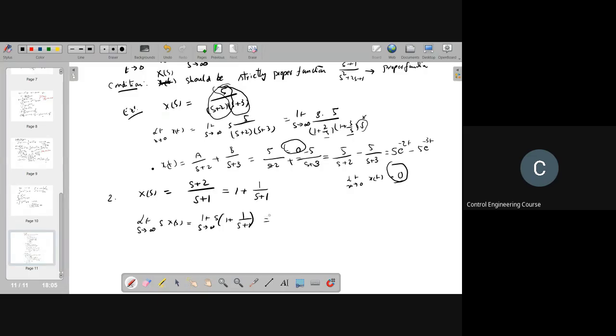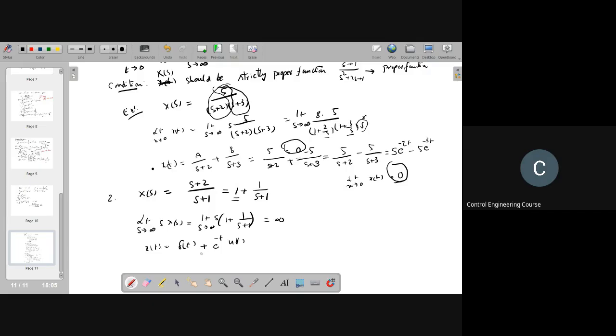So this is equal to infinity. Am I right? Now, suppose you calculate x of t here, because here you are having 1. The inverse Laplace transform of 1 is delta, right? Plus e to the power of minus t u of t.